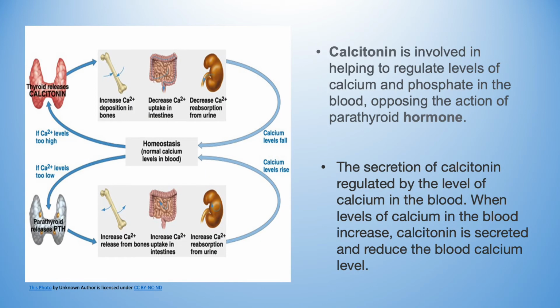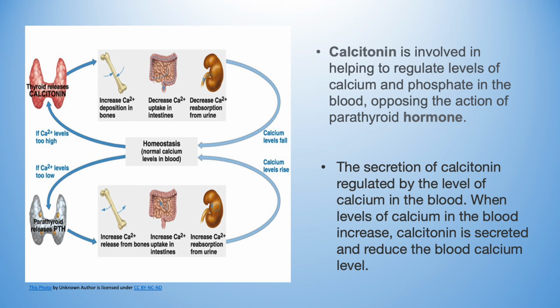Calcitonin, again, is released from the parafollicular cells of the thyroid gland and regulated by the blood calcium level. Calcitonin regulates the blood calcium and phosphate level. Whenever we have a high blood calcium, calcitonin is secreted to reduce the blood calcium level.